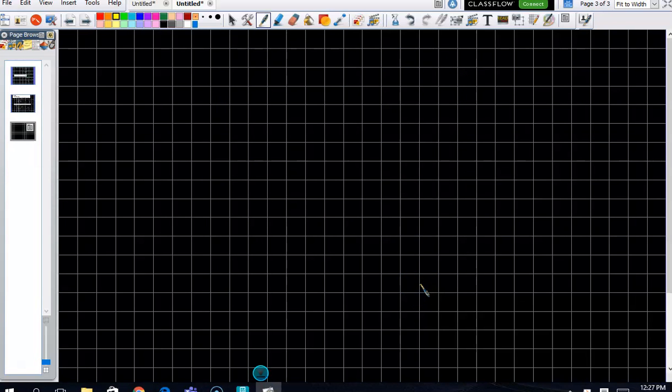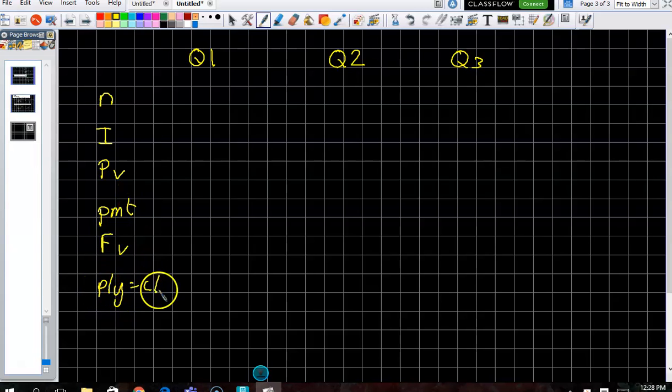But I would suggest that you make a table and you go, this is question 1, this is question 2, we've got question 3, and down the side we have N, I, PV, PMT, FV, and for you guys, the PY and the CY is always going to be the same. All right? It can change later on, but not for us. And then you don't have to write this every single time. Is that okay? In a test, all of these have to be written.